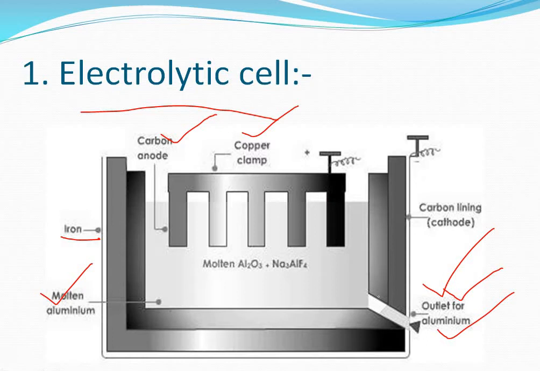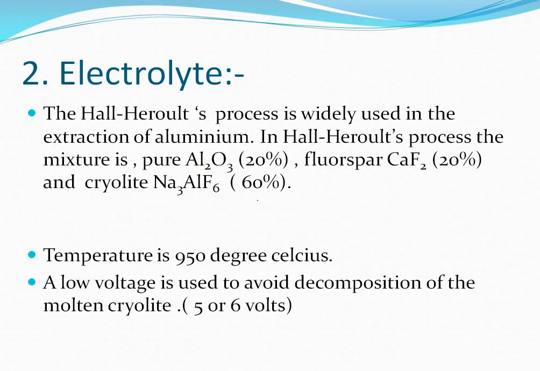Now in this molten state, there is an electrolyte present, and that electrolytic part with this molten alumina will contain cryolite and fluorospar. This is the fluorospar, CaF2, and the cryolite is Na3AlF6.